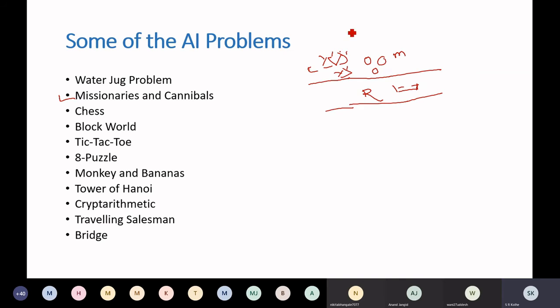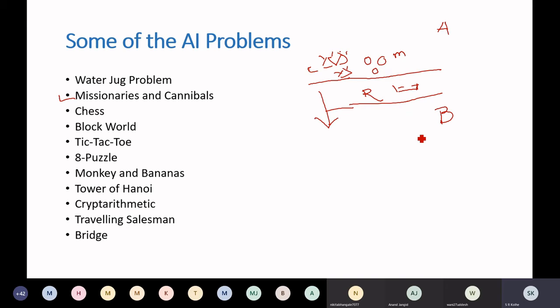Now what this problem says is that you will have to carry all these missionaries and cannibals to the other side of the river. Suppose this is side A and this is side B. So using this boat, all missionaries and cannibals should be carried to side B. How can that be done? There is a condition that at any time t, the number of cannibals should not be greater than the number of missionaries.